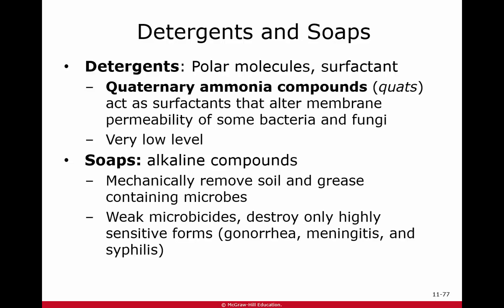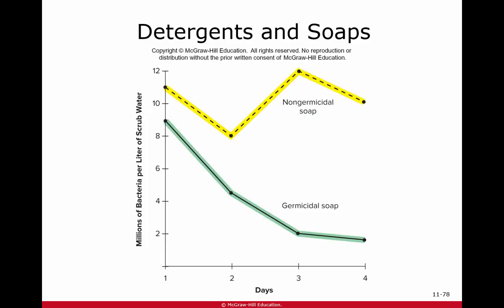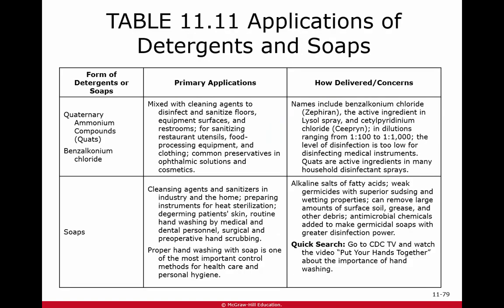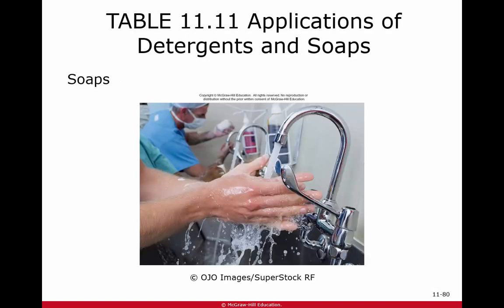One thing you have to know about soaps, though, is that they're weak microbicides. Why are they weak? Well, think about what we typically do with soaps. We typically put those on our body surfaces, and so it can't be too concentrated, can't be too strong, or it would actually harm our body. So again, chart here to look at that.